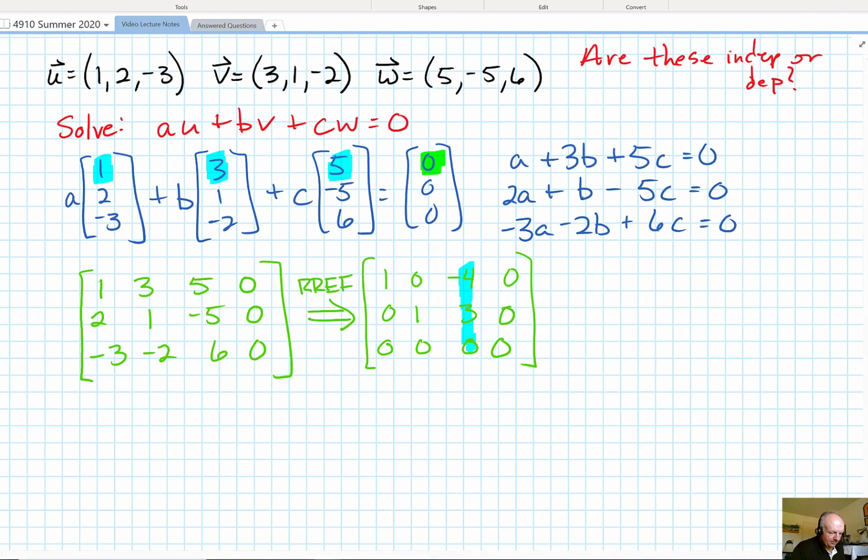Or another thing you could say is if you have an entire row of zeros, there's an infinite number of solutions. 0, 0, 0 is one of them, because 0, 0, 0 was always going to be a solution. But an infinite number of solutions, so we can simply say that these vectors are dependent. So infinite solutions to this system.